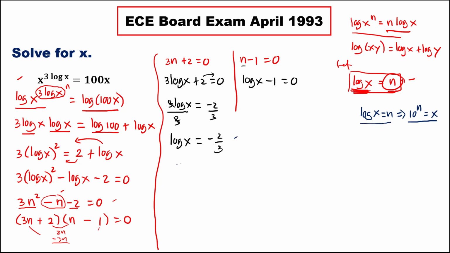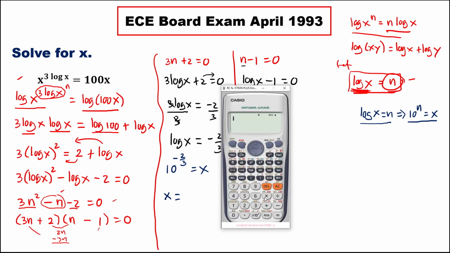So from this, this is equal to 10 to the power -2/3 equals x. Then to solve for x, we have 10 to the power, open parenthesis, -2 divided by 3.